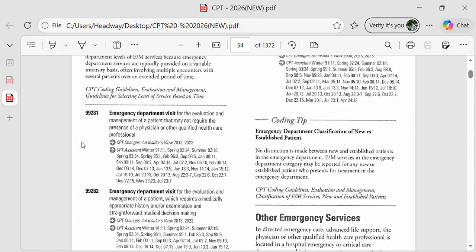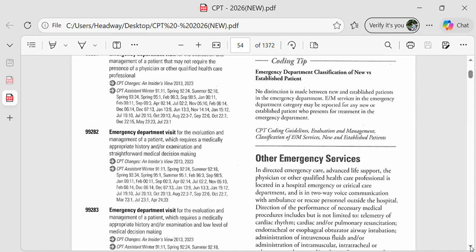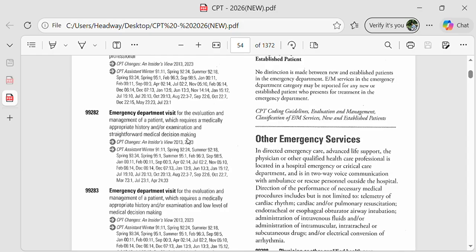Next, coming to 99282. 99282 means it is straightforward, for the evaluation and management of the patient which requires a medically appropriate history or examination.